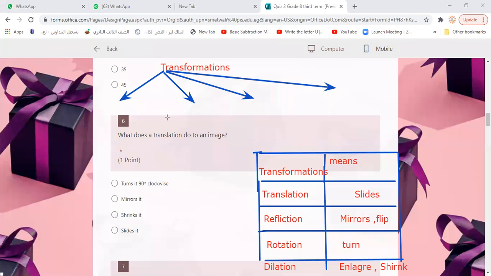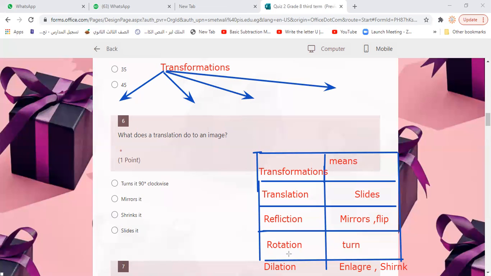Next question, talking about translation. What does a translation do to an image? So let me revise with you the types of transformations. This year, we studied 4 types of transformation, which were translation, reflection, rotation, and dilation.